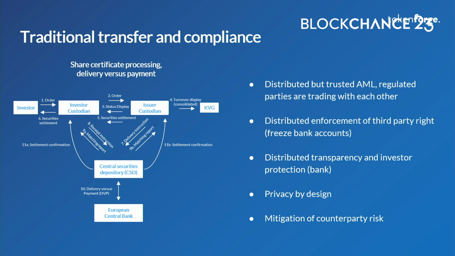They are responsible for it. So it's distributed. In the middle, the process can rely on this being done by the appropriate parties. We have distributed enforcement of third-party rights.